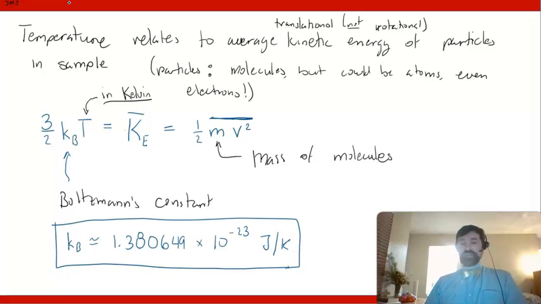So for example, in air, where you have a mixed gas that has nitrogen, oxygen, and a bunch of other trace molecules, ozone, etc., then you really would be doing the equivalent of mass times speed squared for each molecule, then averaging all of those together to get this term. So how do we get the mass of molecules? That's for a different video when we talk about moles.